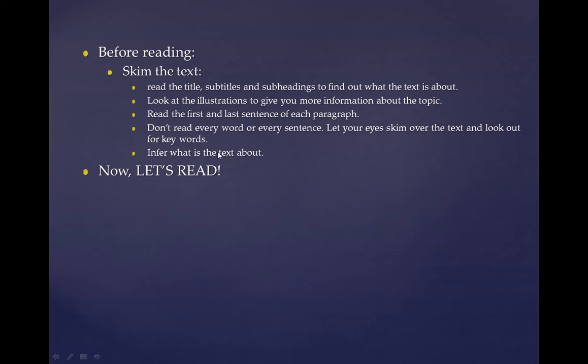Then you will read the first and last sentence of each paragraph. Don't read every word or every sentence. Let your eyes skim over the text and look out for keywords. That will help you to infer what the text is about. Then, when you have the whole picture very clear, you are going to start reading.